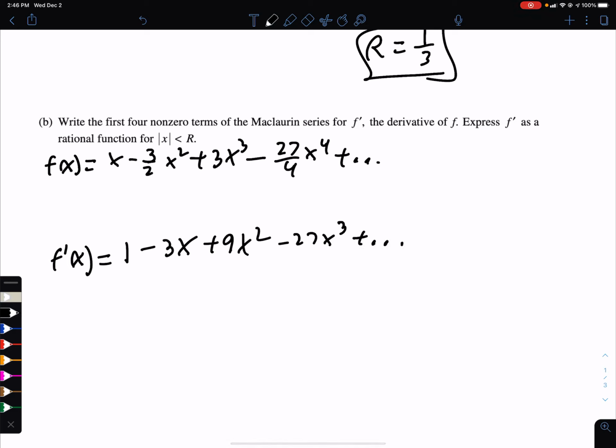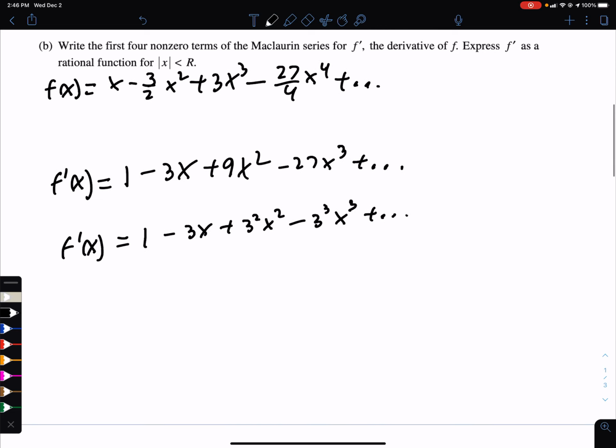Plus dot, dot, dot. Now here's the question, and this is the hard one. They want f prime as a function. And here's where your knowledge of different types of series comes into play. We're going to rewrite this, and it's going to start to make sense. First, I'm going to do this: 3 squared x squared, 3 cubed x cubed.